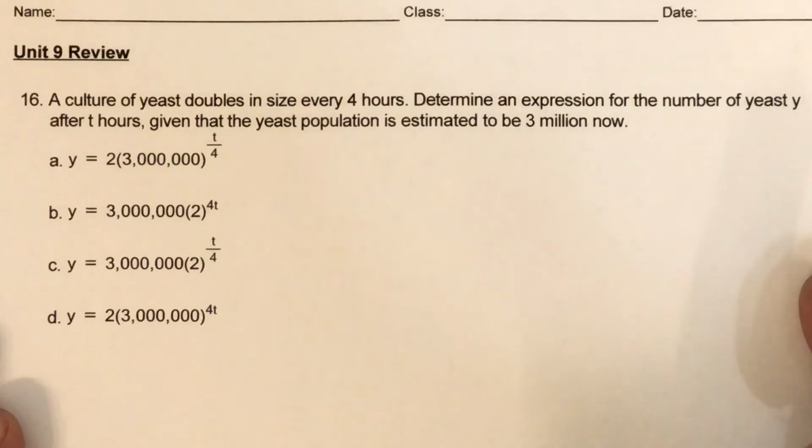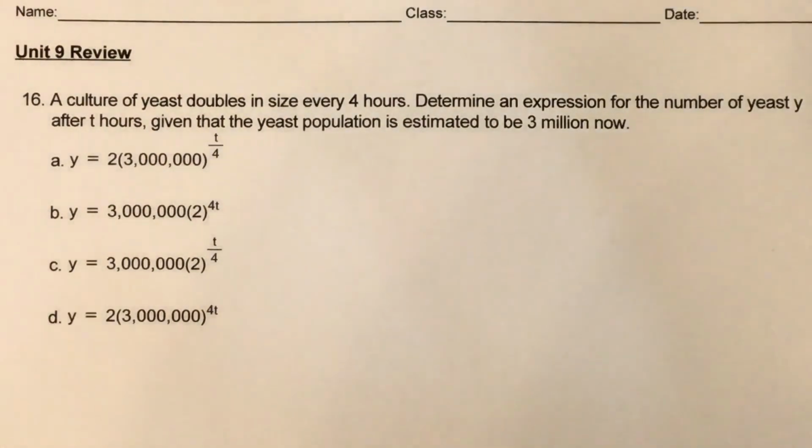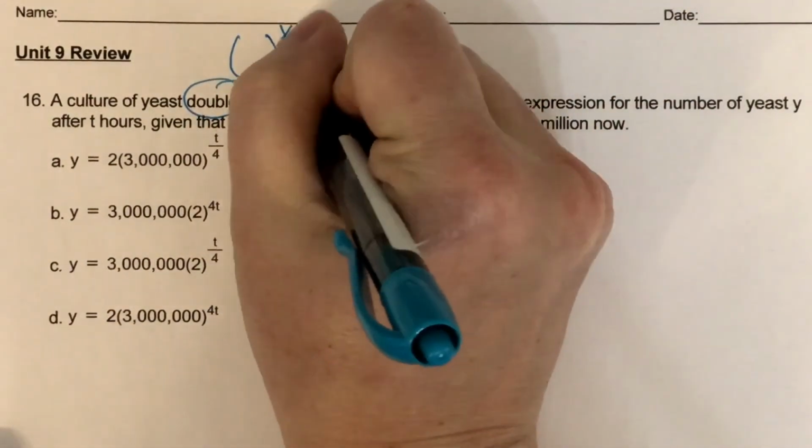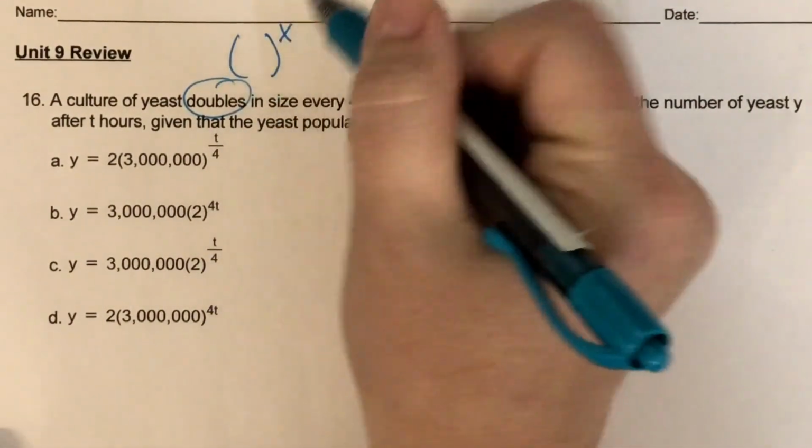A culture of yeast doubles in size every 4 years. Determine an expression for the number of yeast, Y, after T hours, given that the yeast population is estimated to be 3 million now.